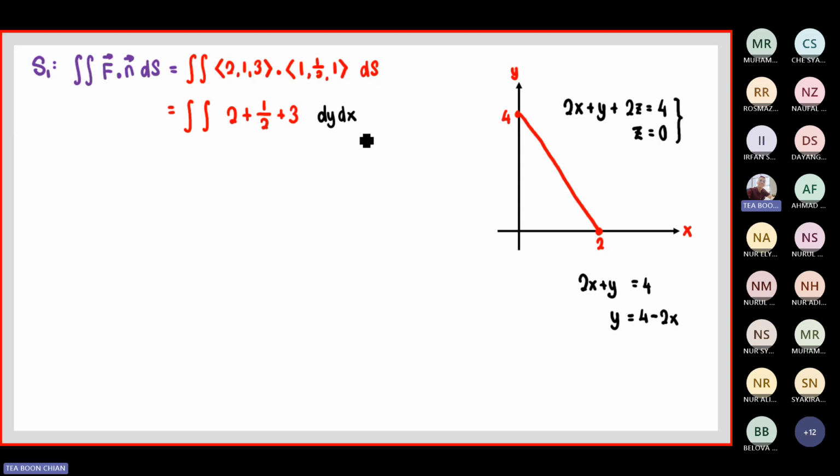Remember, dy dx is the movement of the graph from the lower part moving upward until you touch the line.